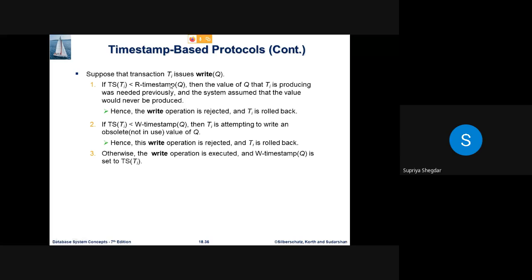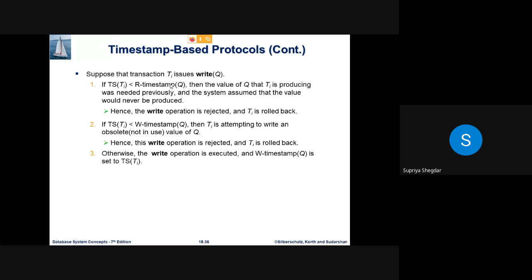So if again the timestamp of the transaction is less than both the read and write timestamp of the data item, then in both cases the write operation is rejected. We cannot proceed with the write operation, so the write operation is rejected and the transaction is rolled back.